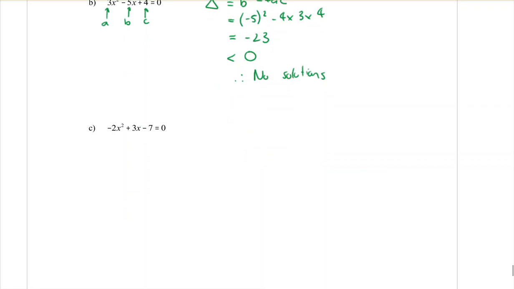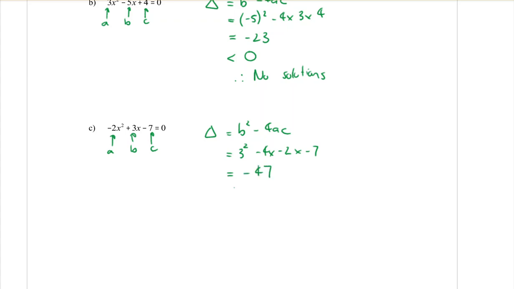And last one, discriminant equals B squared minus 4AC. A is equal to -2, B is equal to 3, and C is equal to -7. Subbing in, 3 squared minus 4 times A, which is -2, times C, which is -7, equals -47.